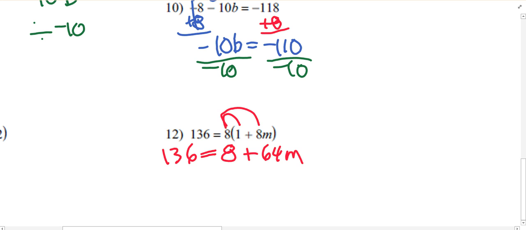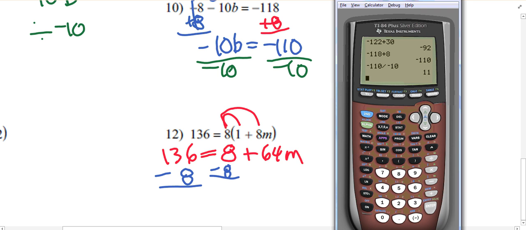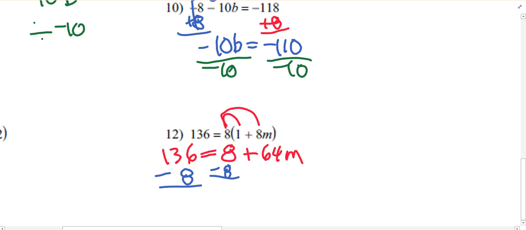So we're going to get rid of a +8 by subtracting 8. Back to our calculator just to make sure. We have 136. Subtract 8. And it's equal to 128. And 8 minus 8 is 0, so that's gone.